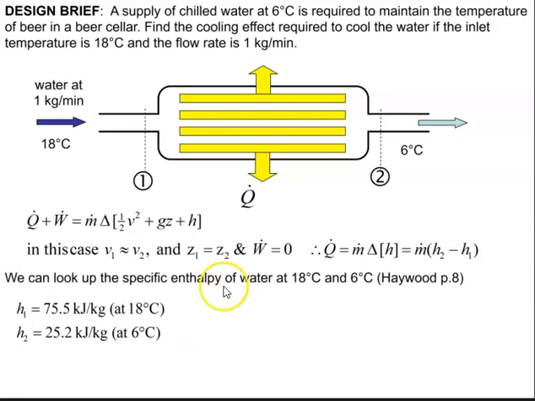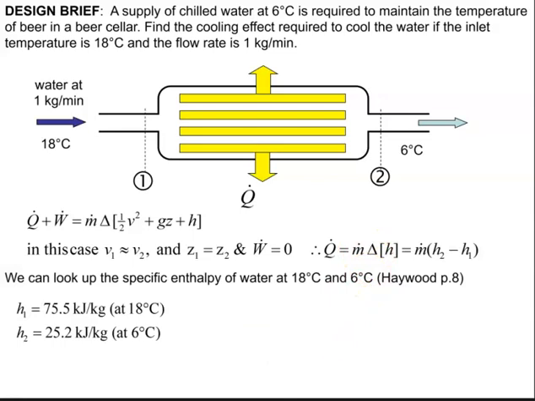Lower the temperature, lower the enthalpy, because of the reduction in internal energy. Then we use this formula, which is Q equals m delta H, or Q equals m dot times H2 minus H1. Now it says 1 kilogram every minute, so the mass flow is 1 divided by 60 because there are 60 seconds.